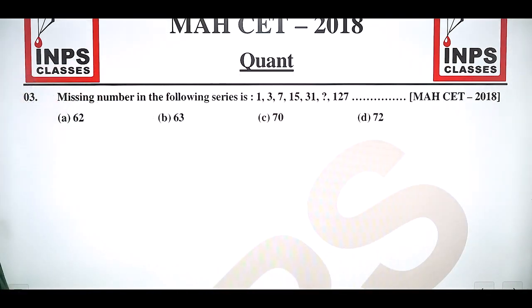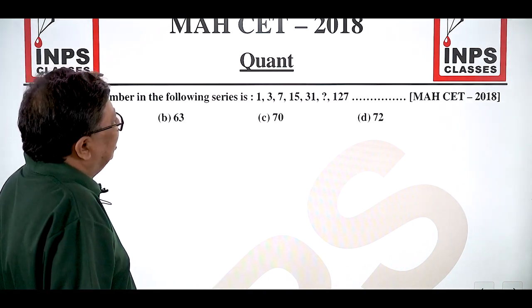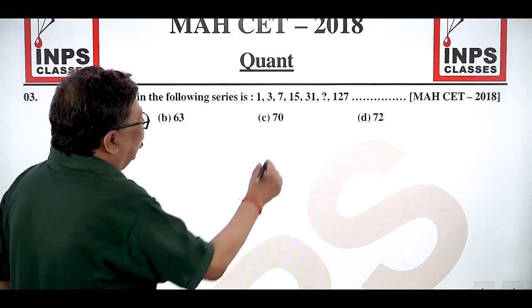The missing number in the following series is, now the series is 1, 3, 7, 15, 31, dash, 127.